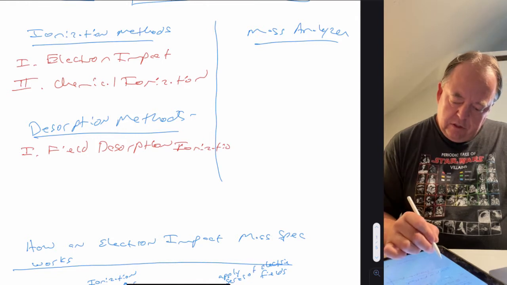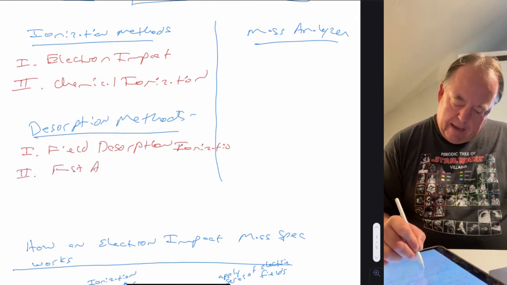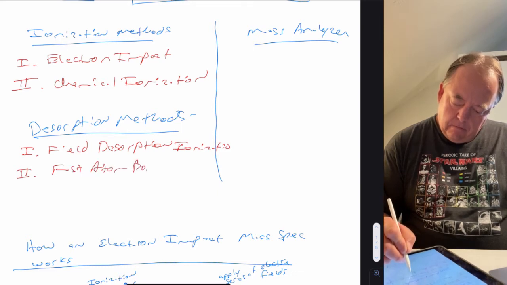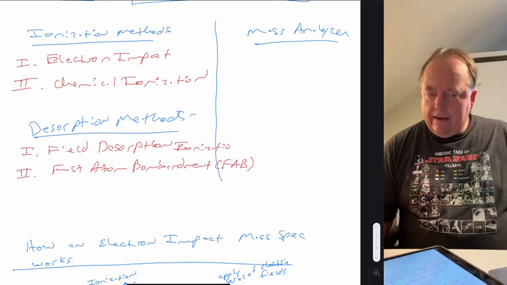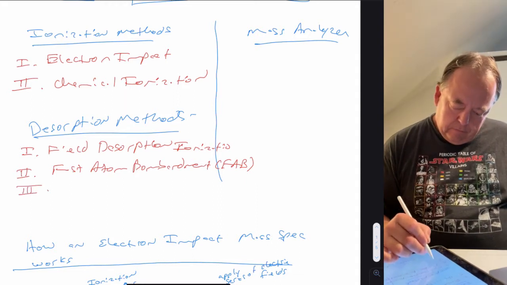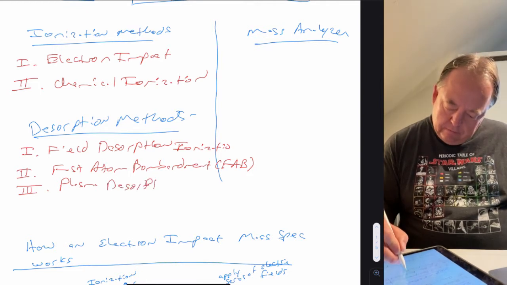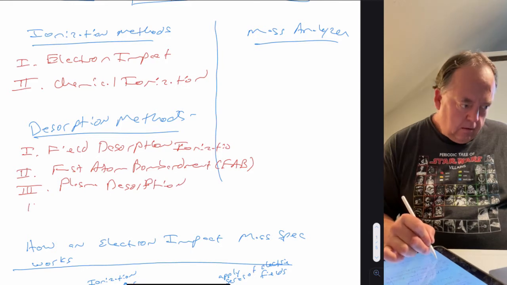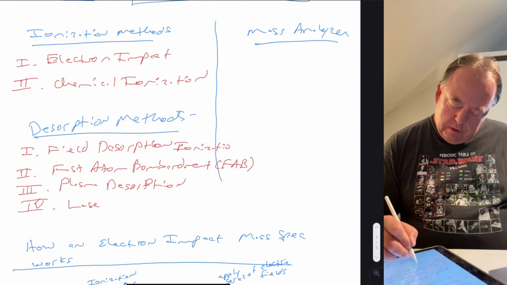So what's known as field desorption ionization, or you can have fast atom bombardment, or FAB. So you can do FAB mass spectroscopy. Plasma, there's all kinds of different ones. Desorption. Laser desorption.